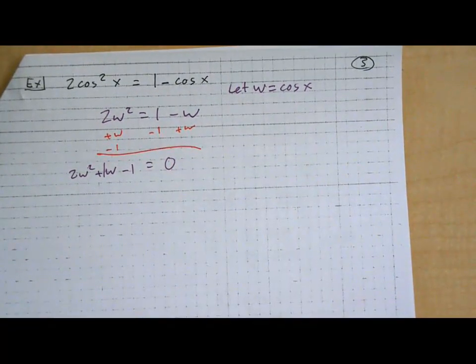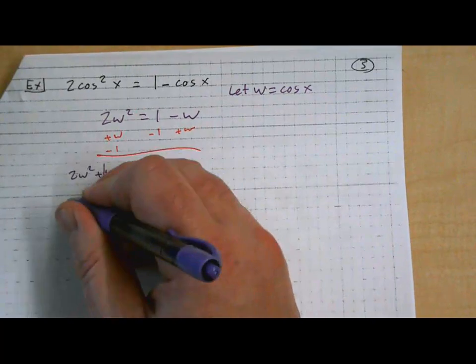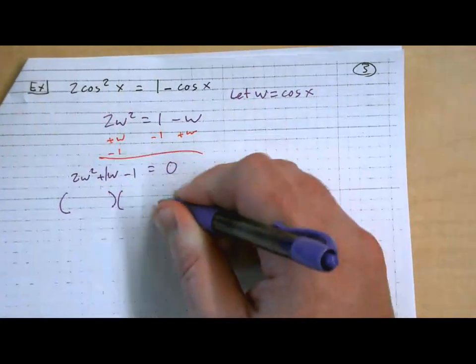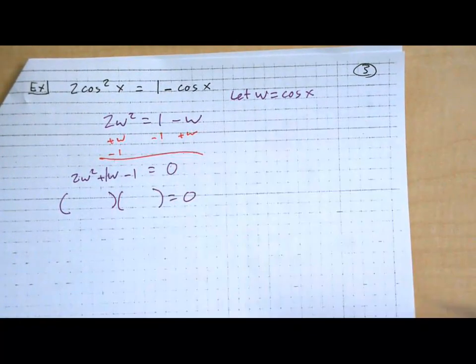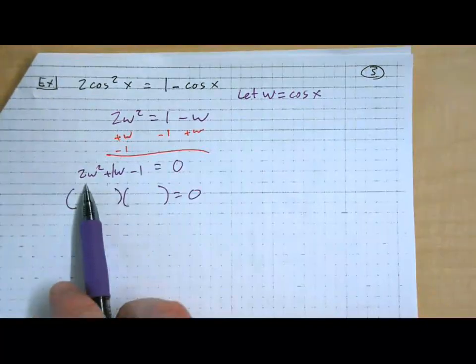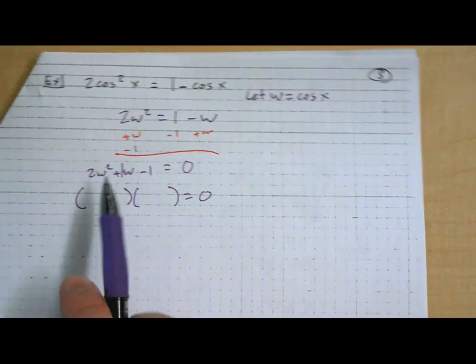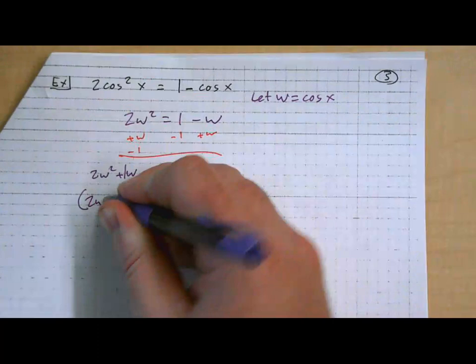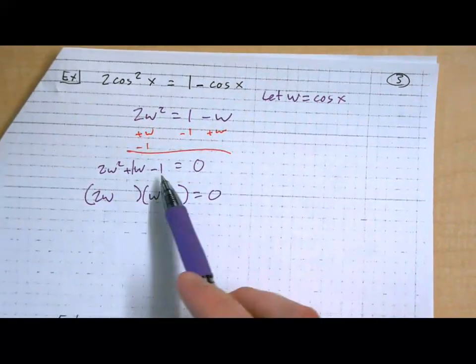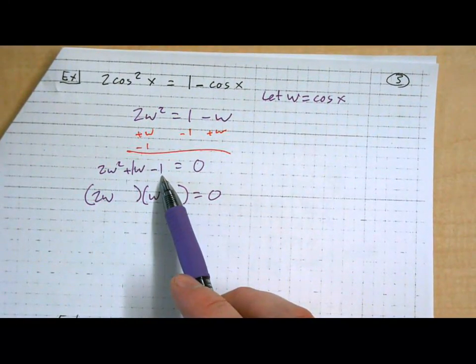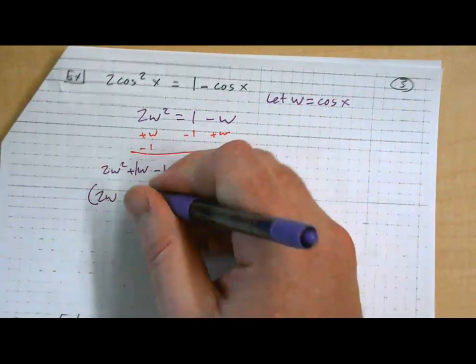If you're an Xbox enthusiast, you'll get after that right now. This problem is way easier to just guess and check. There's only one way I can think of to get 2W squared: 2W and W. And there's only one way I can think of to get 1: 1 and 1.